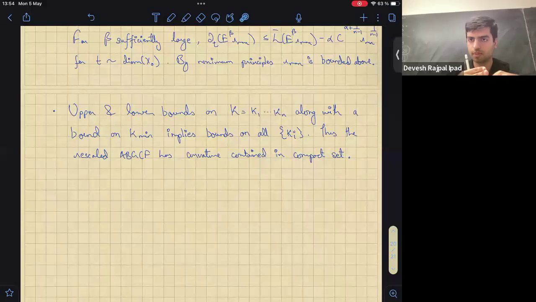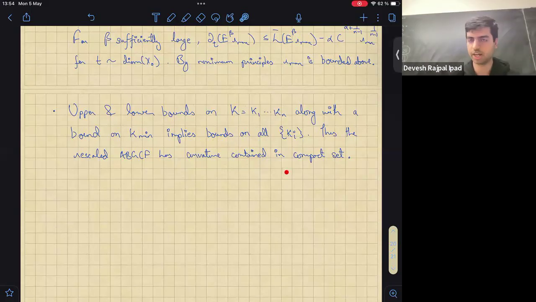And using higher derivative estimates, I can bound other derivatives of the hypersurface too. And then an Arzelà–Ascoli argument will give you subsequential convergence to a self-similar solution.